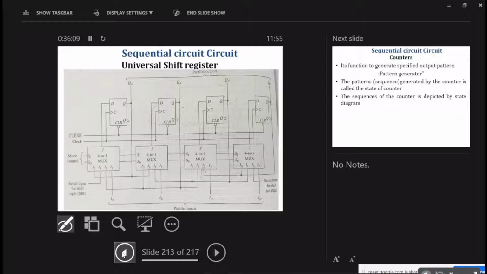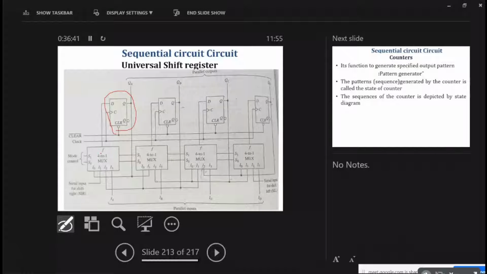Because we are interested in understanding a 4-bit shift register, we'll take the 4-bit shift register. For that, the additional circuitry is mux. So a 4x1 mux is utilized here. Here again D type flip flops, 4 bits, so for each bit we are using one flip flop.